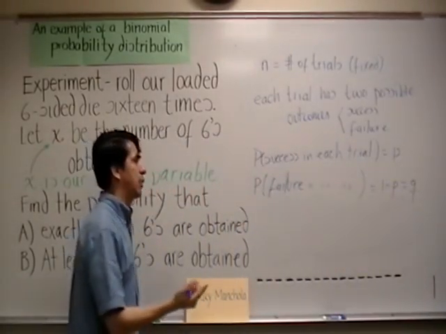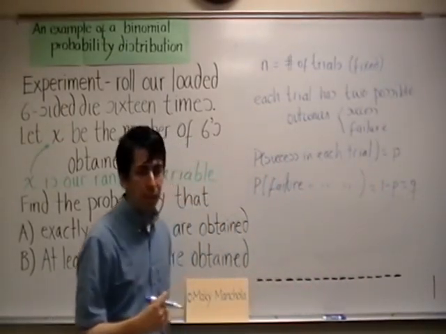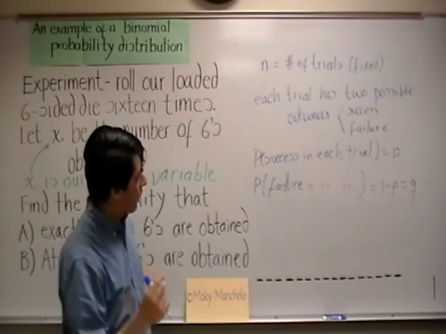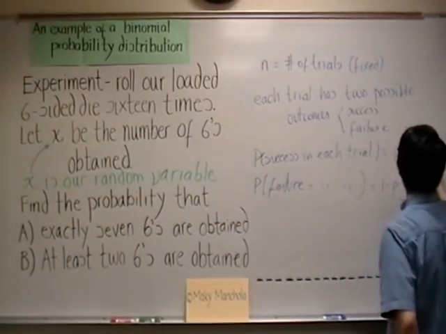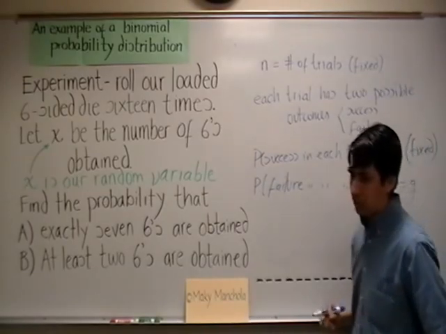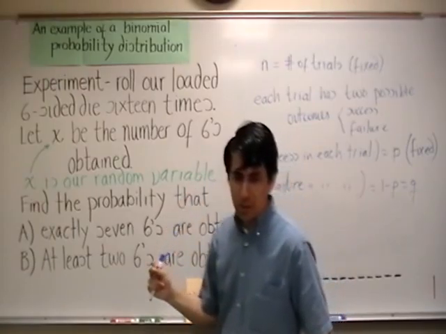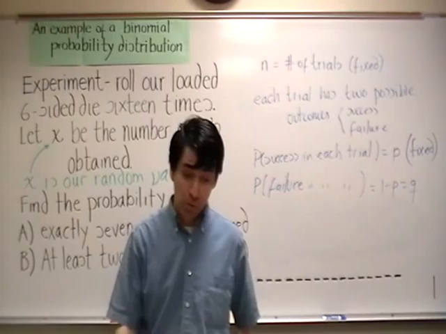It is understood that p is a fixed number between 0 and 1. So in our example, the probability of getting a 6 was 0.4 each time you roll the die.